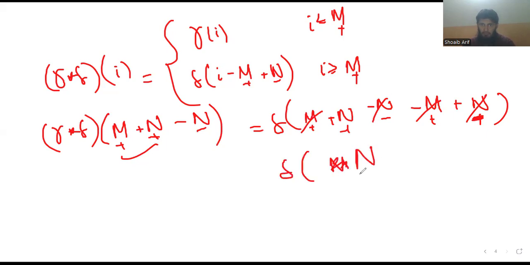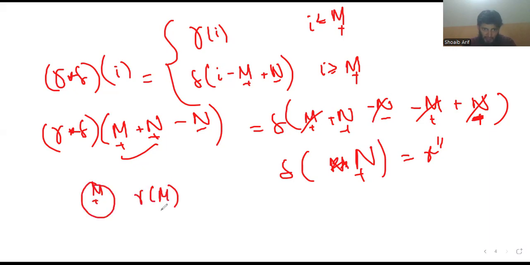By the definition of sigma, we will get x prime. So if we substitute m plus in gamma, we will get x prime, and if we substitute m plus in this place, again we will get x prime.